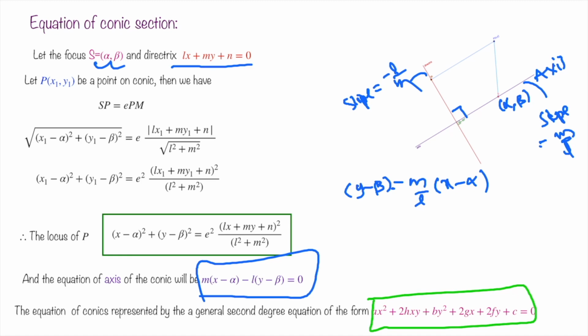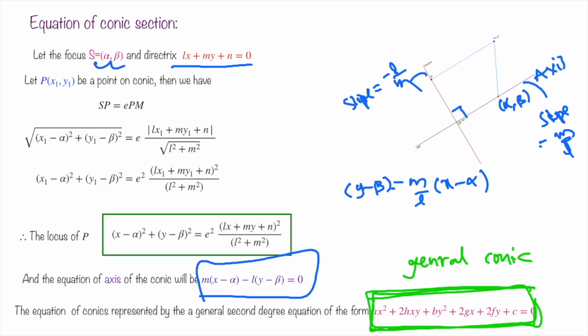A general second degree equation in x and y will represent a general conic. So this is the general conic equation, which for any a, b, h, g, f, c could be anything: a point, pair of straight lines, circle, hyperbola, parabola, ellipse, stuff like that.